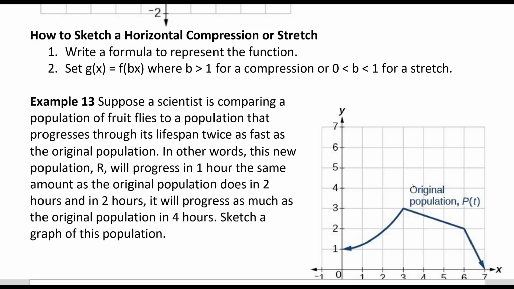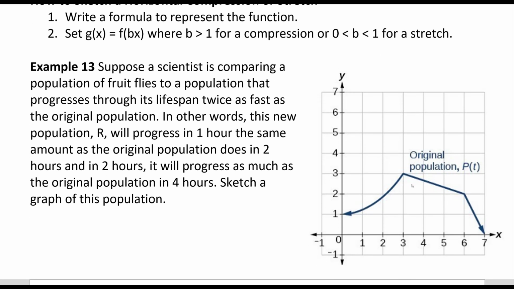So how to sketch a horizontal compression or stretch. Write a formula to represent the function. Set g of x equals f of b of x, where b is greater than 1 for compression or between 0 and 1 for a stretch. So suppose a scientist is comparing a population of fruit flies.